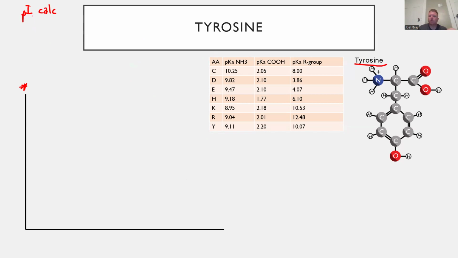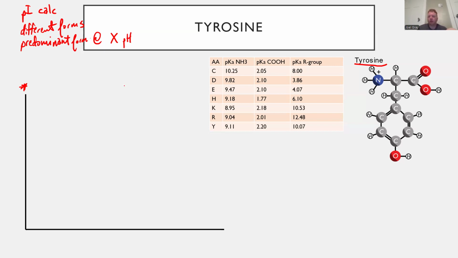And then, just for the fun of it all, I'm going to draw different forms of this molecule. And then last but not least, I'm going to do a question of what does it look like, what's the predominant form at X pH, or pH of X?